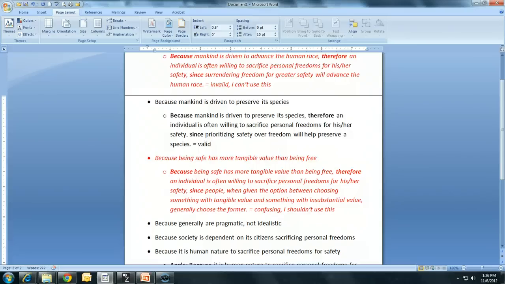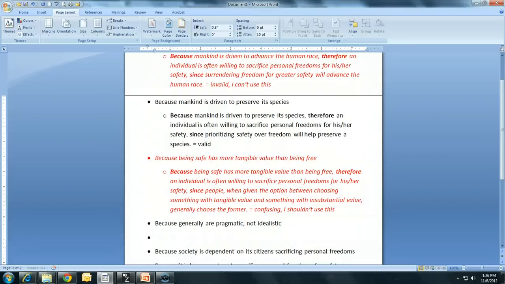Safety is a very realistic, attainable goal, whereas freedom does not provide us with any immediate satisfaction. And push come to shove, I think I'm going to try and argue that if a person's safety was threatened, an individual would rather give up their ideals of freedom to hold on to the pragmatic or practical value of safety.